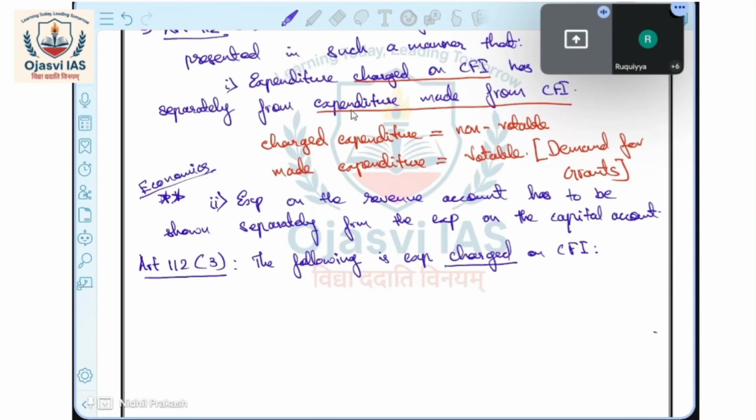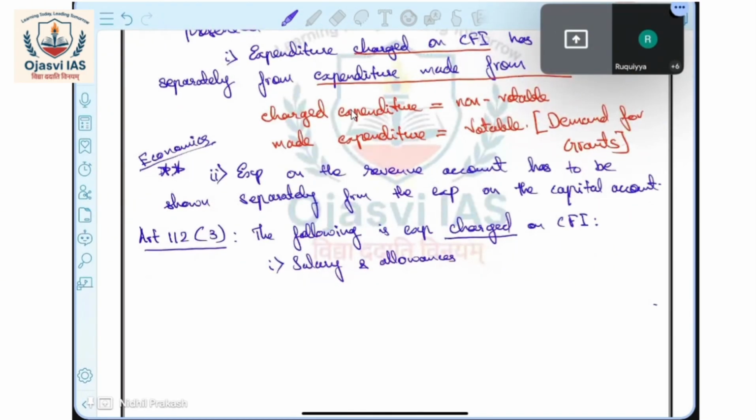Now, what does charged expenditure consist of? Firstly, salary and allowances of the President and expenditure of his office.